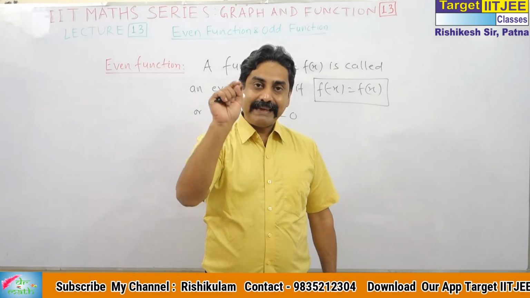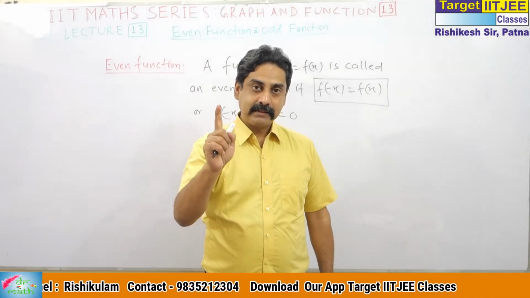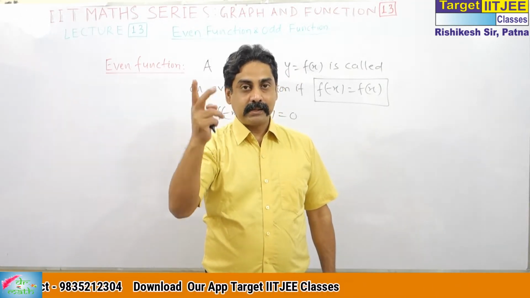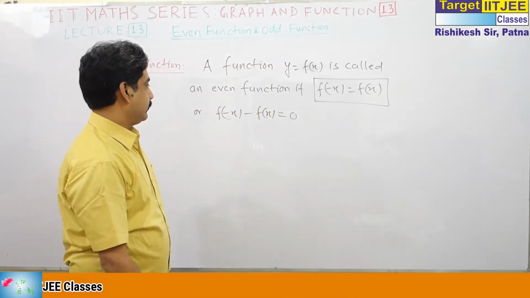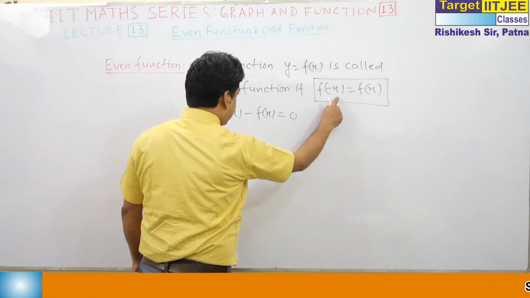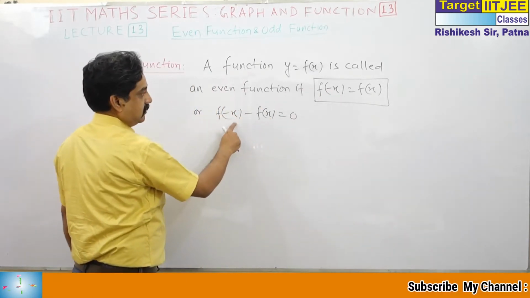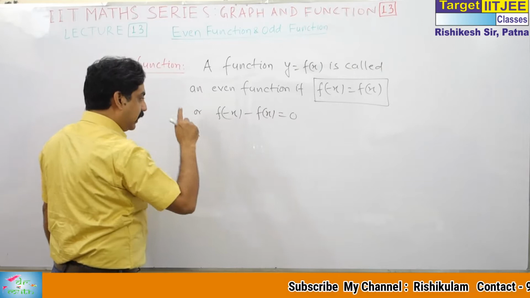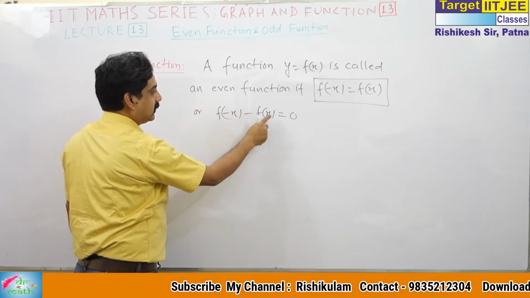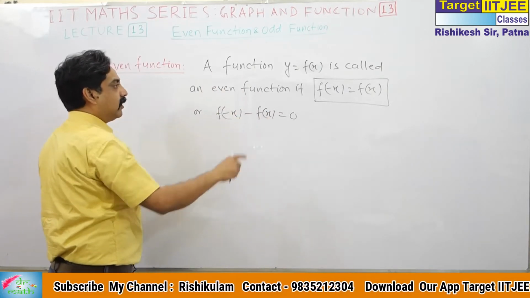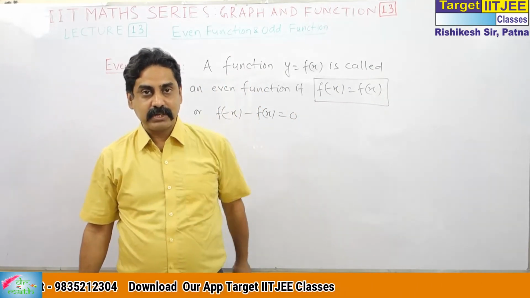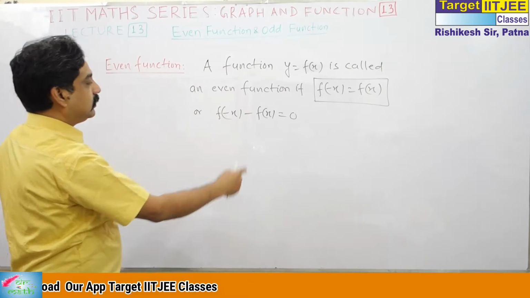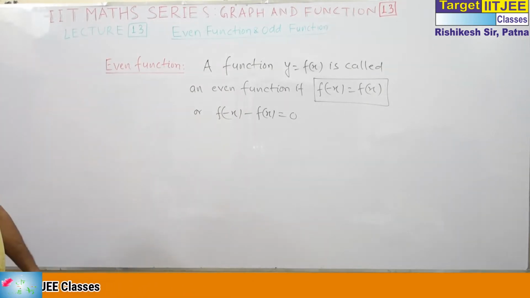When we replace x by minus x, the equation remains the same. This is the definition, and if somehow we get f(minus x) minus f(x) is equal to 0, that will also justify that this is an even function.